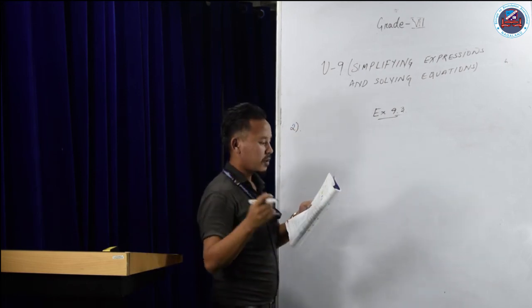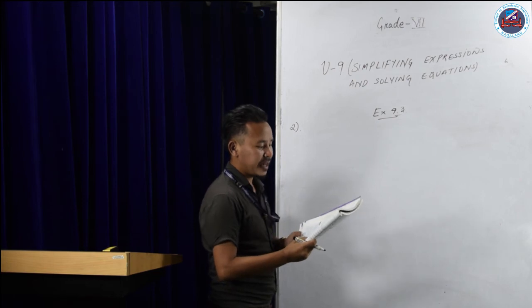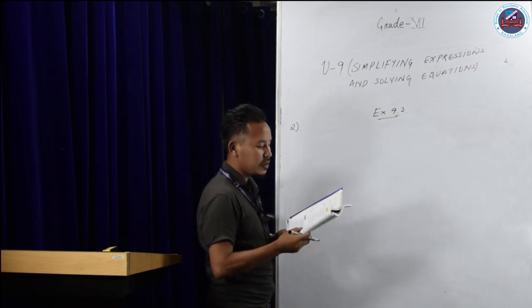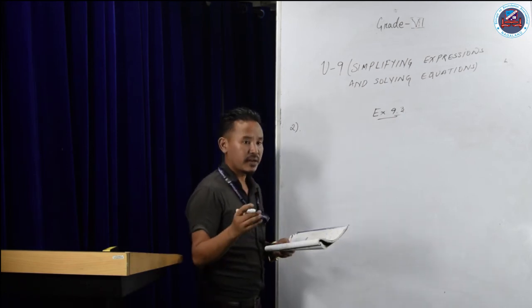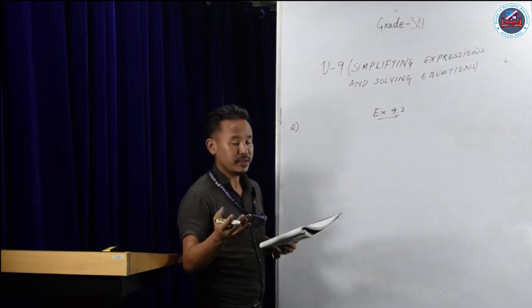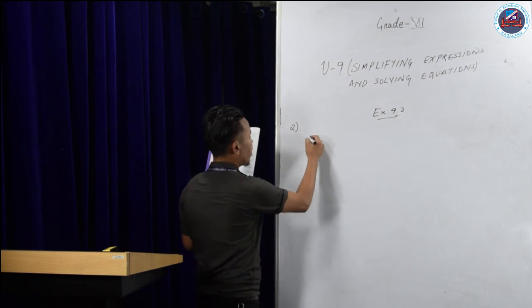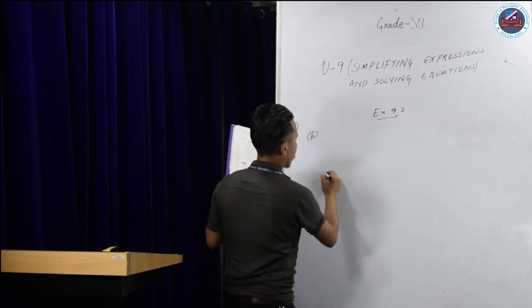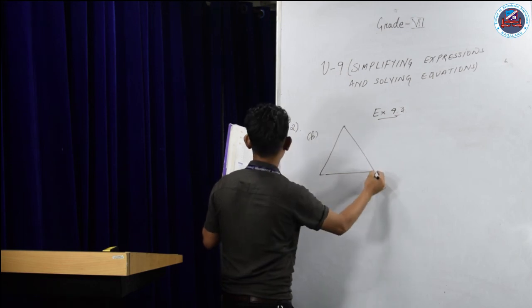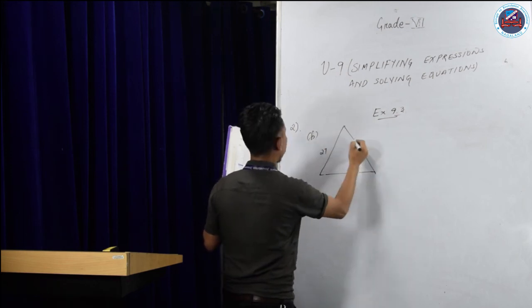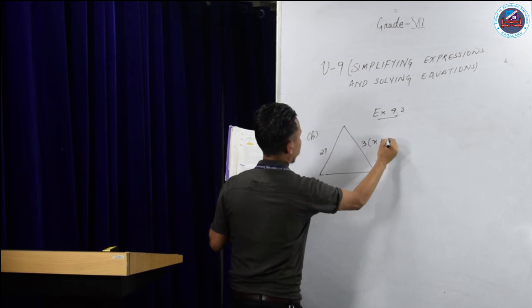It says, work out the value of x in each of these isosceles triangles. All measurements are in centimeters here, it says. Number A, I have done it in the PPT. You may kindly refer to that. I'll be doing question number B. 27, 3 bracket x plus 5.